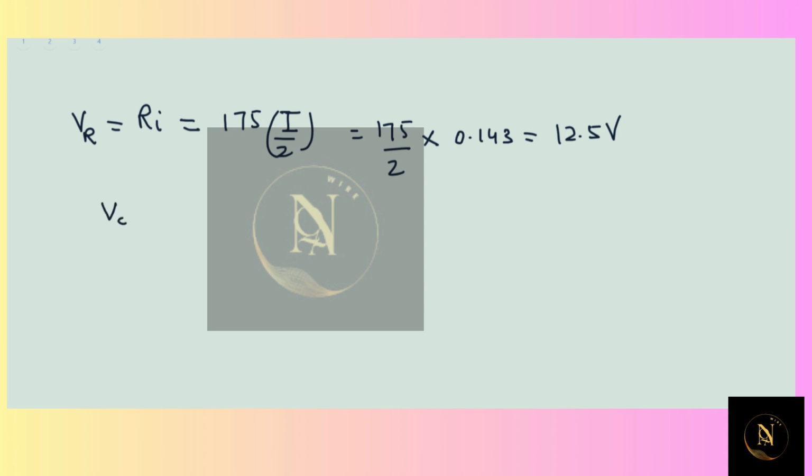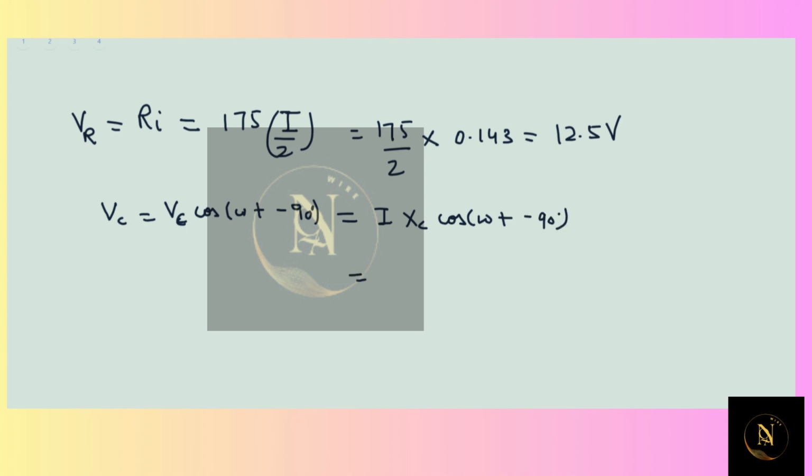Now coming to vC. This is the instantaneous value and this is the amplitude. So we have cos omega t minus 90, since 90 is the phase difference between the resistance voltage and capacitance voltage. So we have I XC cos omega t minus 90.